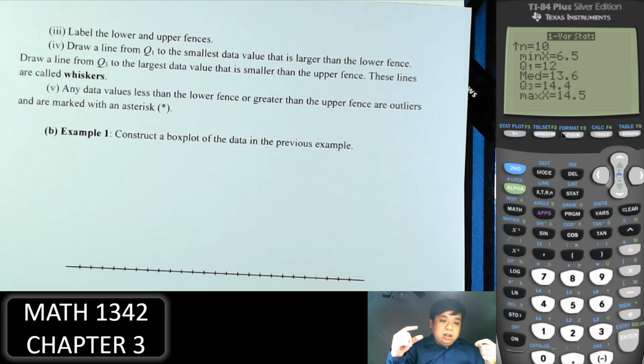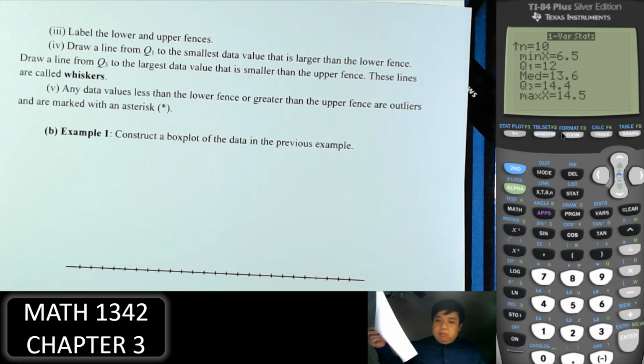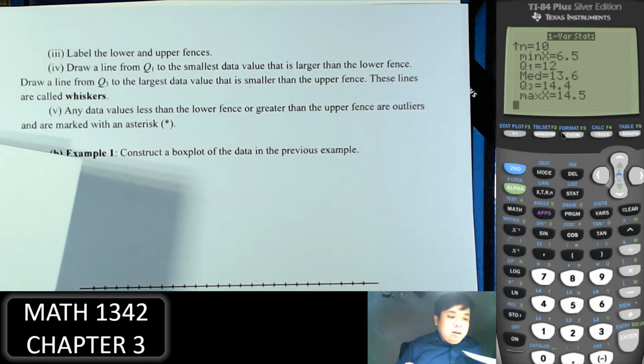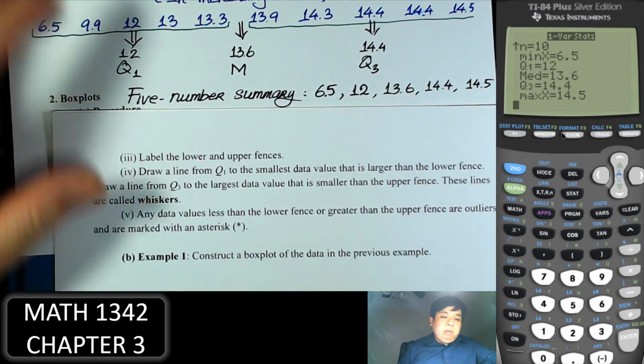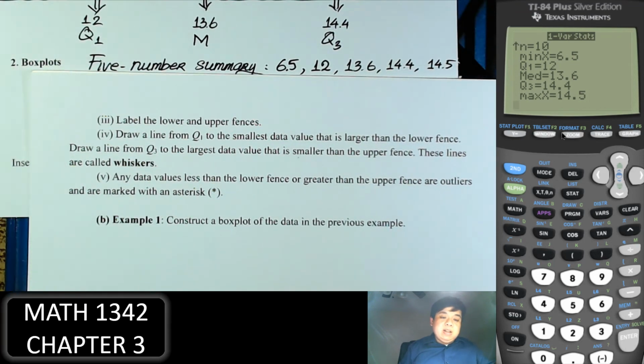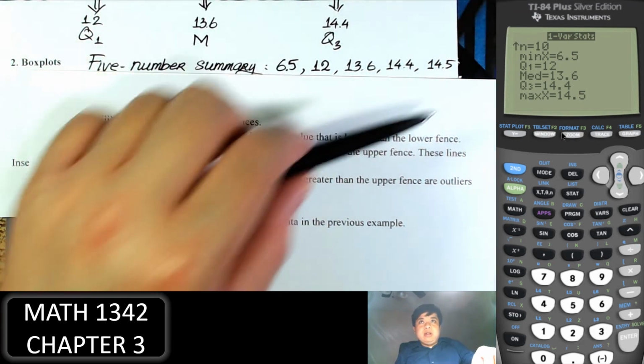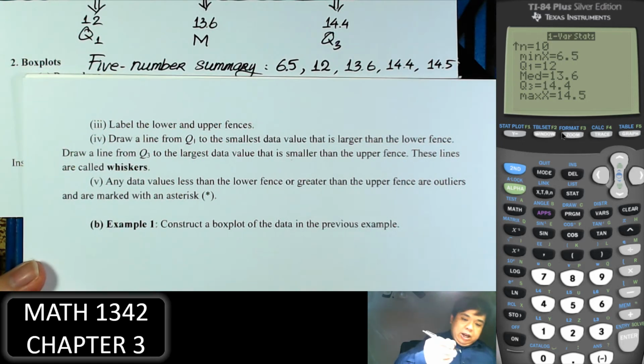Those are called the whiskers, and anything outside that is an outlier. Right, so from the previous example, we have those five number summary, the five number summary from the previous example.